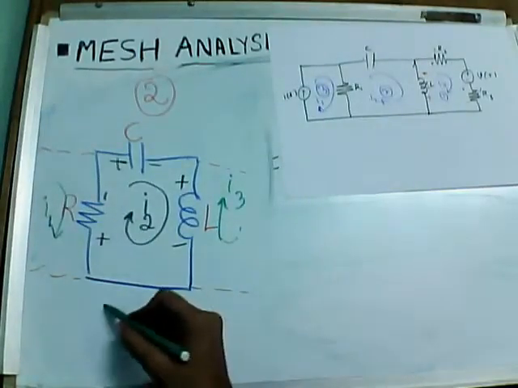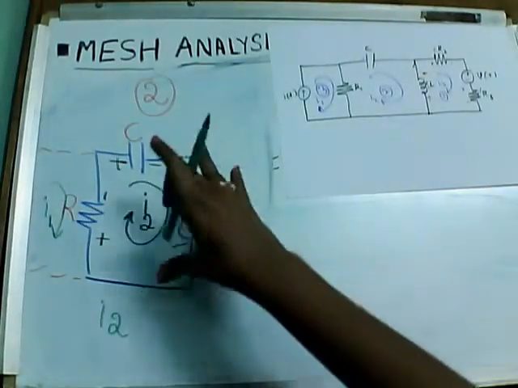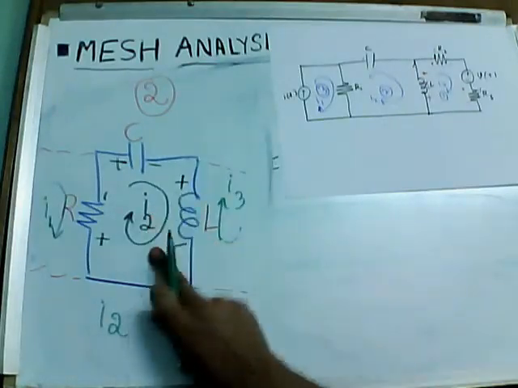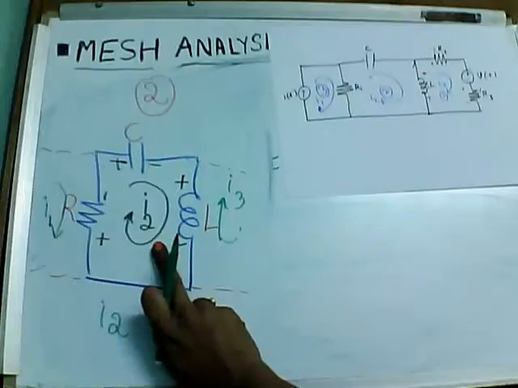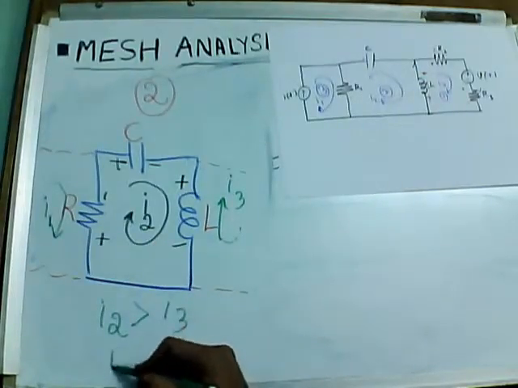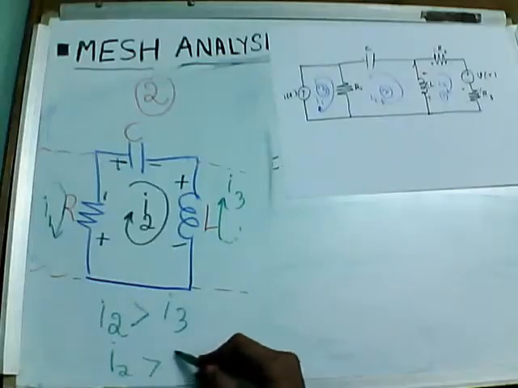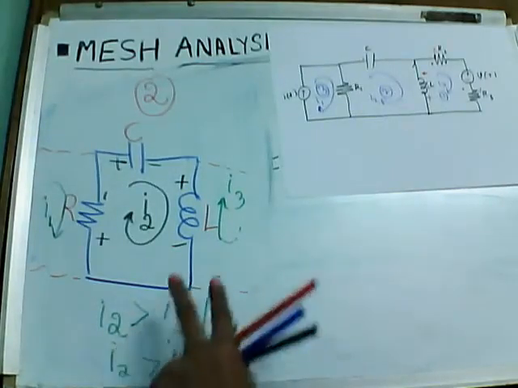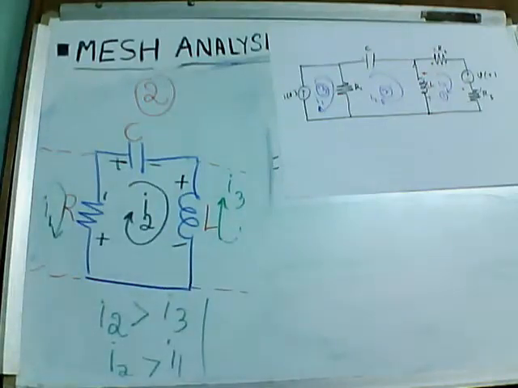Another condition: we are considering mesh 2, so here only this current will be greater. So I2 is greater than I3 and I2 is greater than I1. Both conditions should be there for solving this mesh equation.